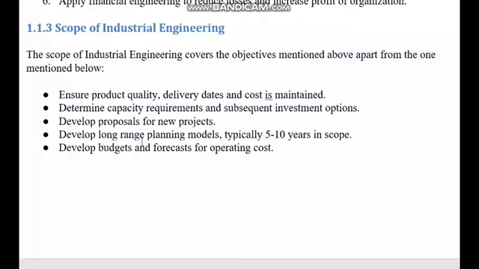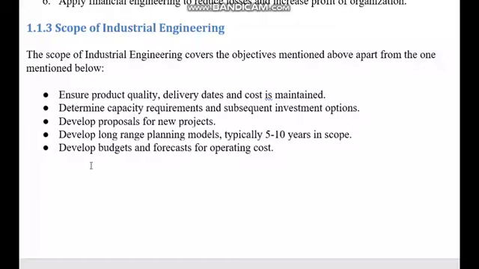Long range means like 5 to 10 years. After 5 years, after 10 years, what we have in mind, what will be our goal, how we should plan capacity, extension, or something like that. So developing long range planning also comes under industrial engineering.